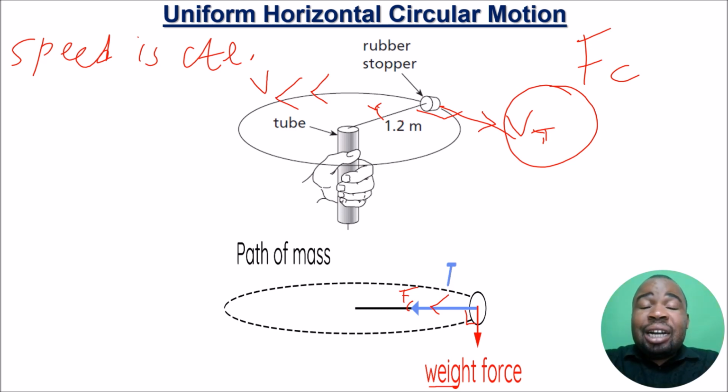We want to find the relationship between centripetal force and tangential velocity. So how do we calculate centripetal acceleration and centripetal force with respect to tangential speed? When I say tangential speed, I'm talking about the speed along the circular path.